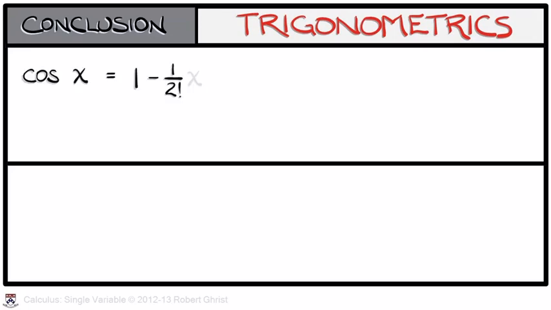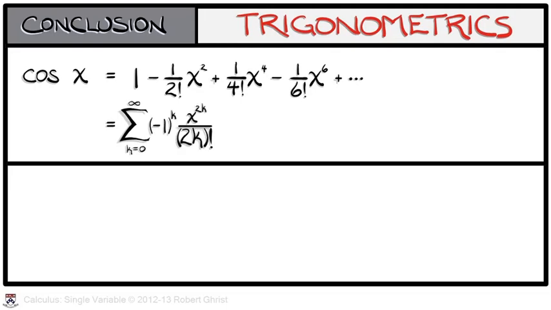The cosine of x is 1 minus x squared over 2 factorial plus x to the fourth over 4 factorial minus x to the sixth over 6 factorial, etc. In summation notation, we could use a wonderful little trick to express this compactly as the sum, k goes from 0 to infinity, of negative 1 to the k times x to the 2k over quantity 2k factorial. That builds in the alternating signs and the even powers.